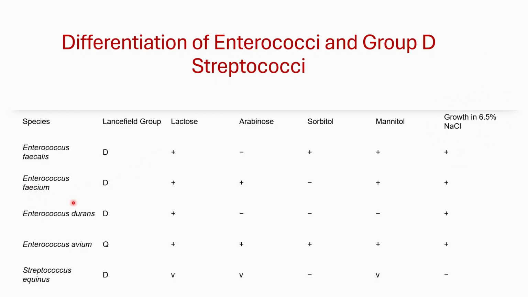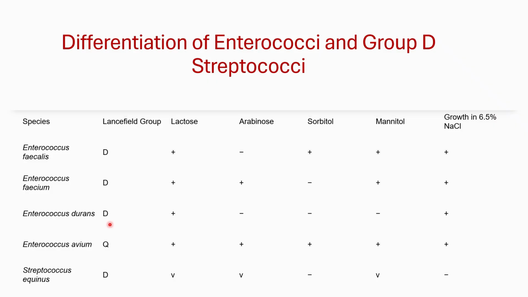Next is Enterococcus faecium, which belongs to group D in the Lancefield classification. It ferments lactose, arabinose and mannitol but does not ferment sorbitol. Like other Enterococci, it can also grow in 6.5% sodium chloride. All the Enterococcus species will grow in 6.5% NaCl.